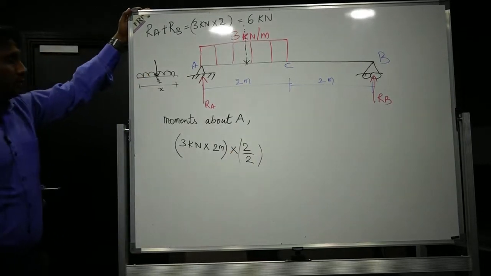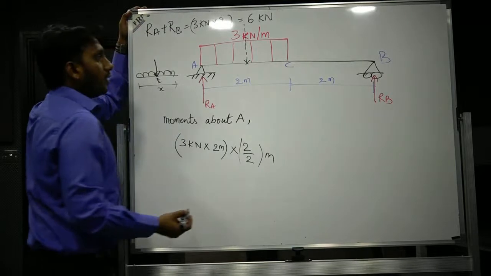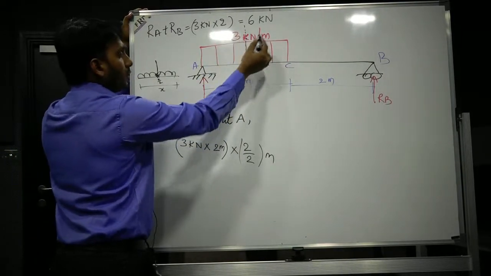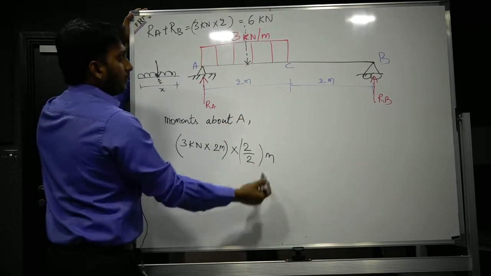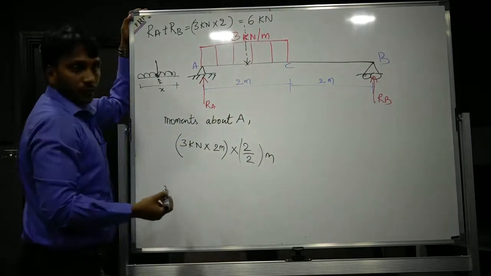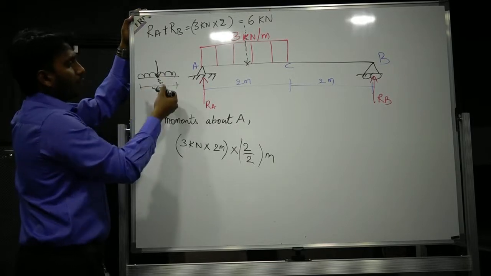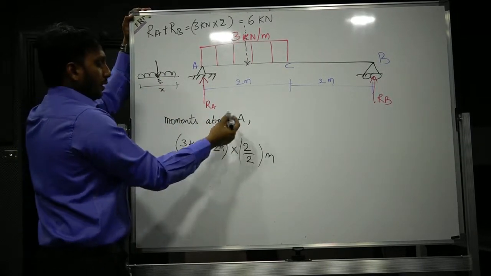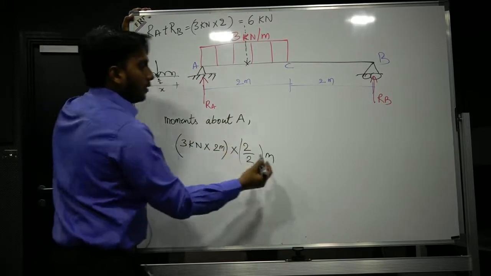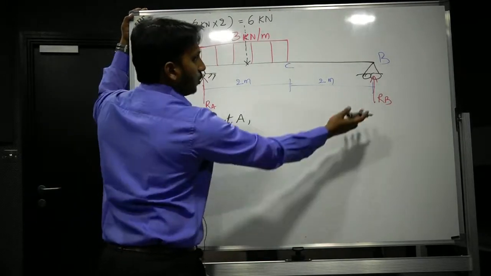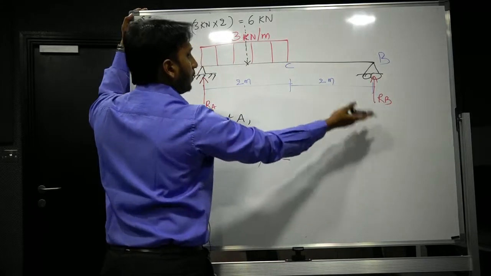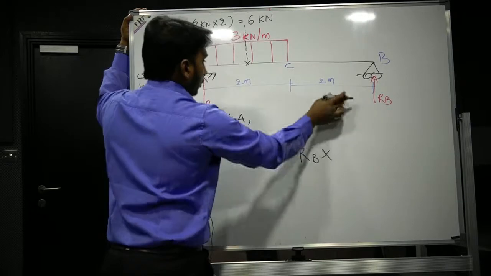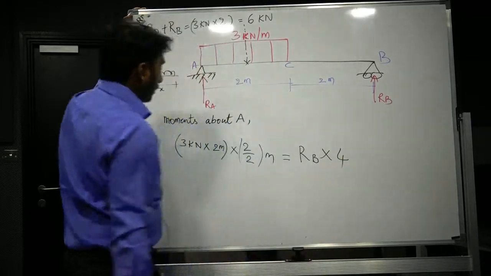Whenever you go through this uniform force, total force 3 kilonewton multiplied by 2, multiplied by the distance to the center, which is 1. So these are the clockwise moments about A. The anti-clockwise moment is the reaction RB multiplied by the total length, which is 4.